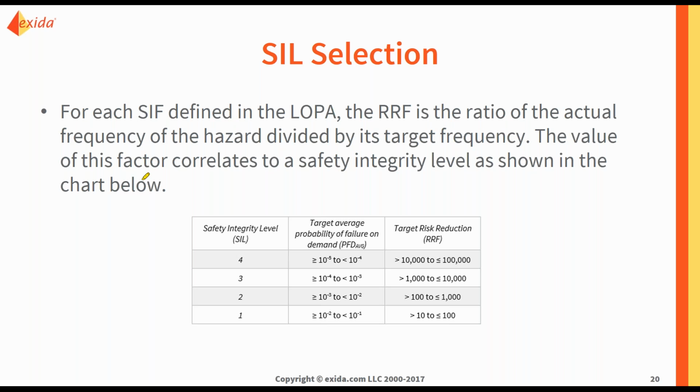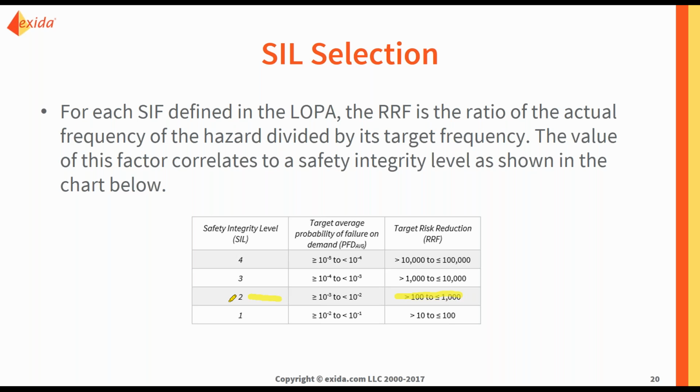So for each SIF defined, just like IPF 501 in the LOPA, the risk reduction factor is the ratio of the actual frequency of the hazard divided by its target frequency. So the value of this factor correlates to a safety integrity level as shown in the chart below. So you saw earlier that our risk reduction factor was 100, and that correlates to a target SIL of 2.